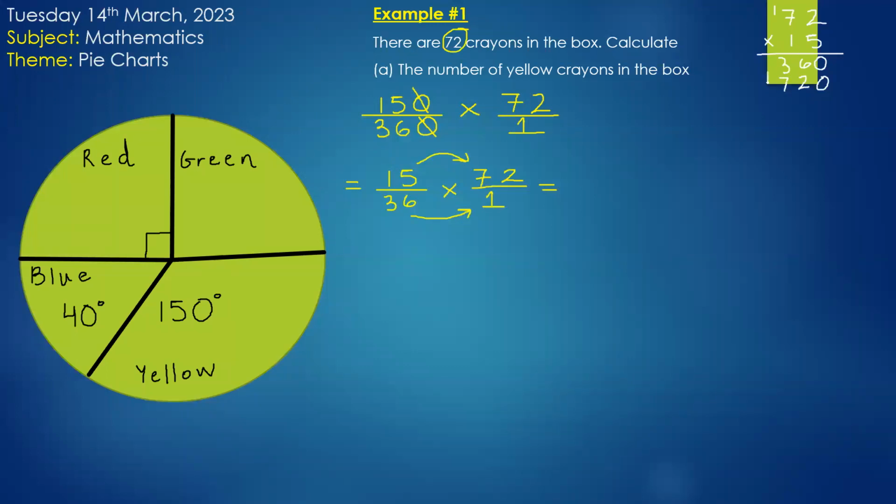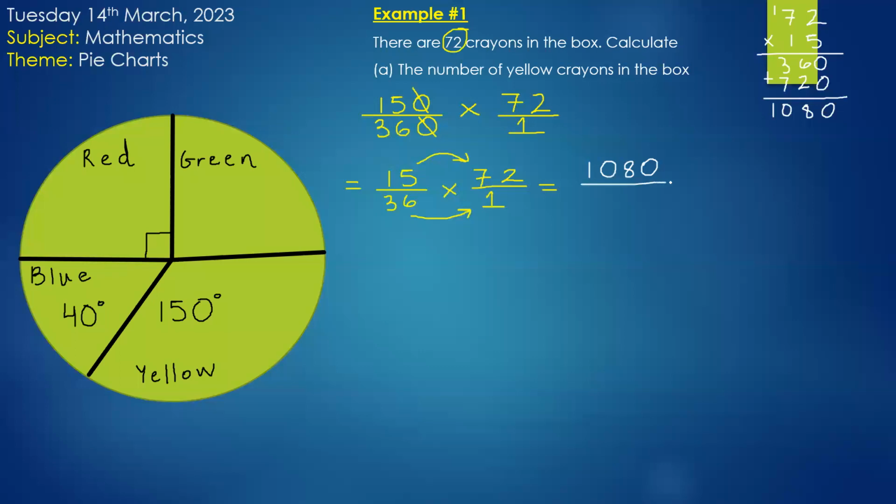And we add it. 0 plus 0 is 0. 6 plus 2 is 8. 7 plus 3 is 10. So 15 times 72 is going to be what? 1080. Good.